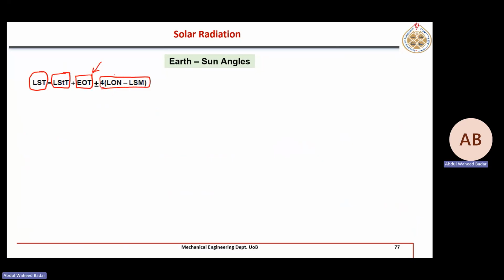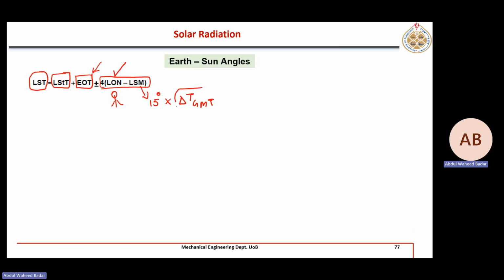That is the local longitude where the observer is, and the local standard meridian. What is the local standard meridian? That is 15 degrees multiplied by delta T GMT.